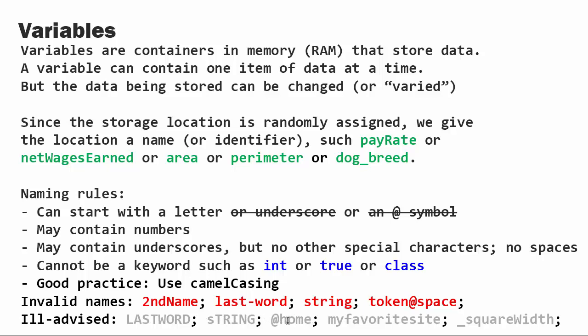That's okay. It's just ill-advised. It can cause some problems with some cross-platform things. My favorite site, valid name, but it's better if you capitalize the F and the S and maintain camel casing. And then again, you can start with an underscore, such as underscore square with, but it's kind of ill-advised.